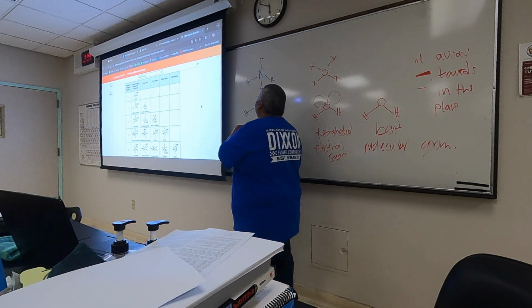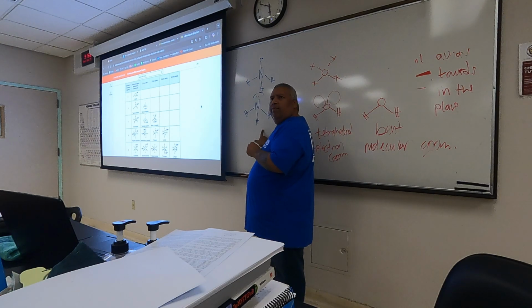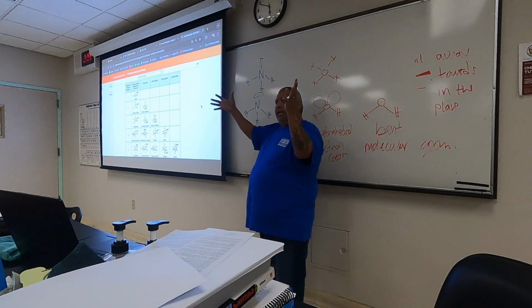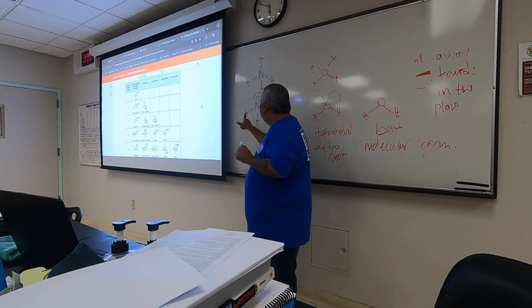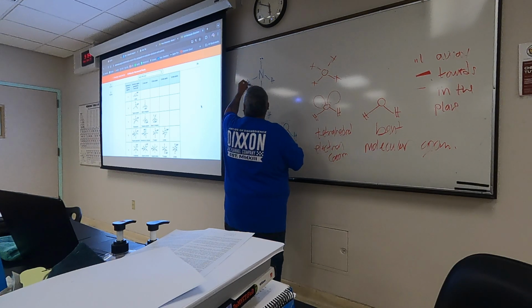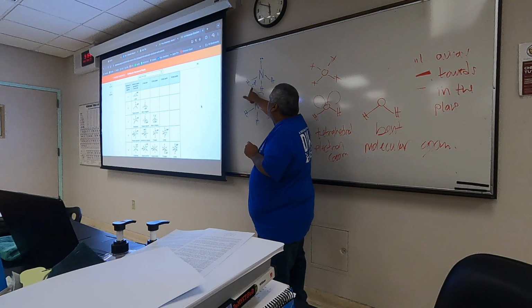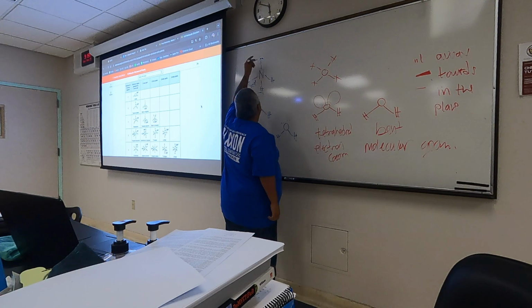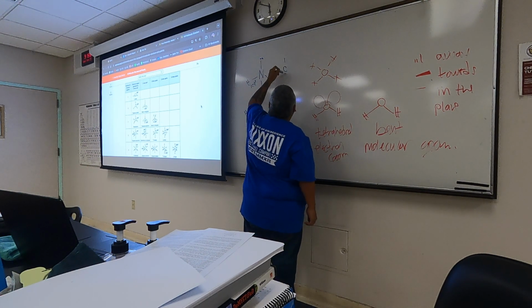Now, for molecular geometry, this only has one set of electrons, one lone pair here. So this lone pair creates an area of density, so it has a slight push on these. These are 109 degrees.